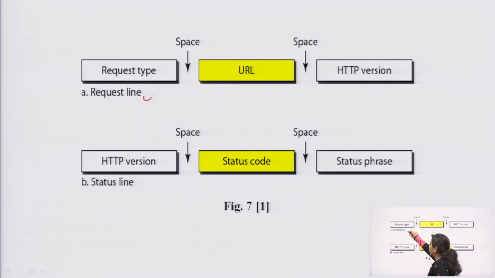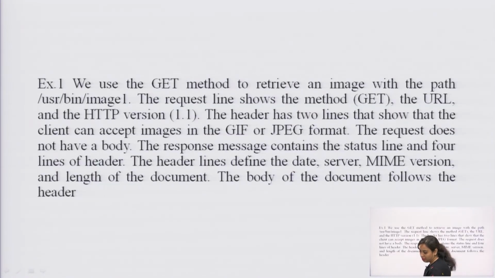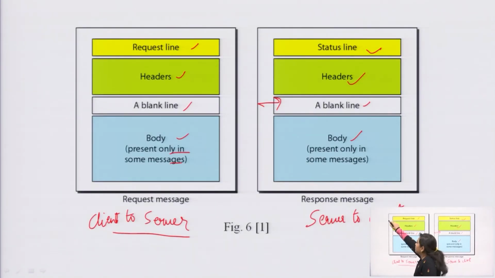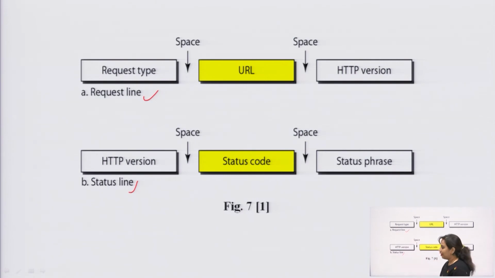This is the request line and this is the status line, as you can see in the previous diagram. Now, in the request line, the request type will be shown, whether it is a data signal request or a control signal request. Whatever request you are going to raise is inserted in this request type.